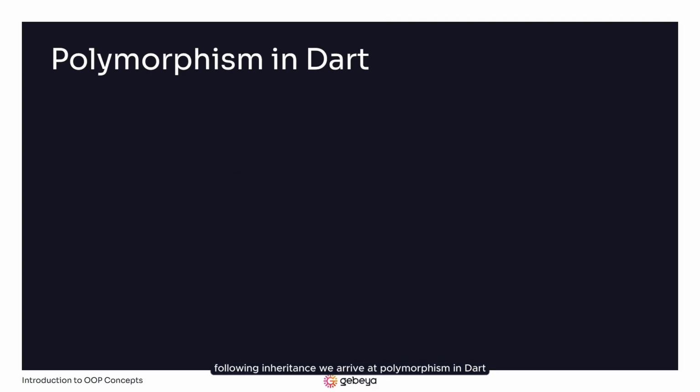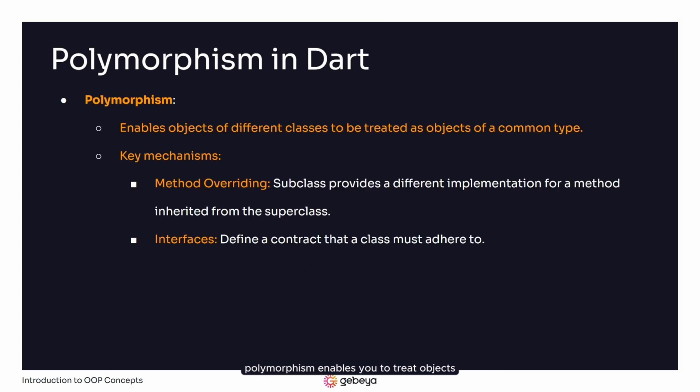Following inheritance, we arrive at polymorphism in Dart. Polymorphism enables you to treat objects of different classes as objects of a common type, which increases your code's flexibility. One way polymorphism is used is through method overriding, where a subclass provides its own implementation of a method that is already defined in its superclass.